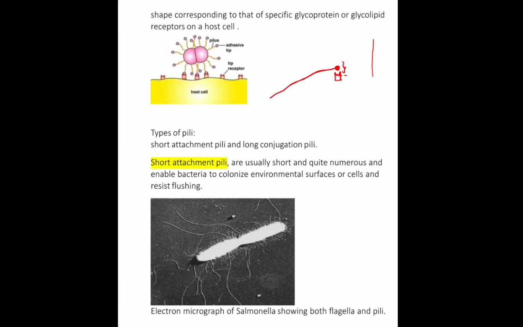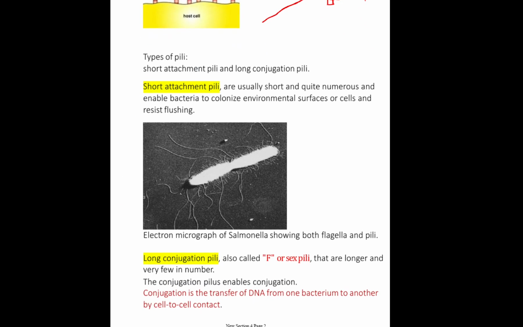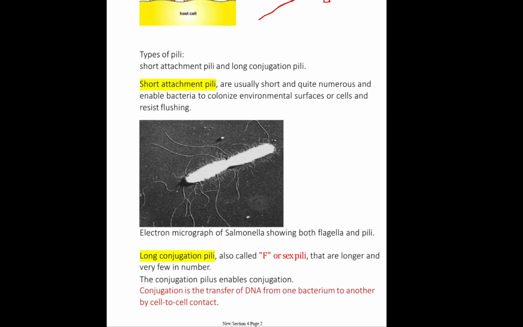Pilli have two types: short attachment Pilli and long attachment Pilli. Short attachment Pilli are short and numerous, and they attach to the surface and resist flushing, like when water is flowing. They resist that flushing activity of the water.